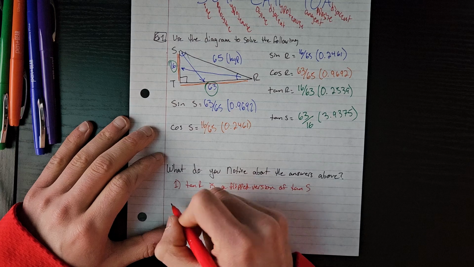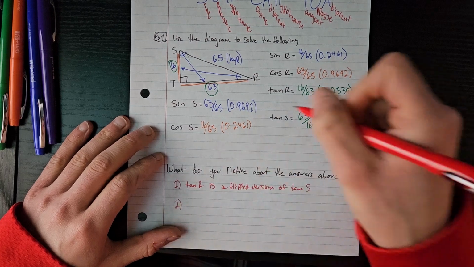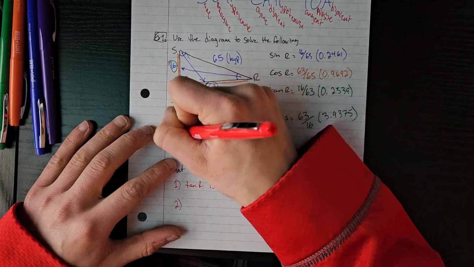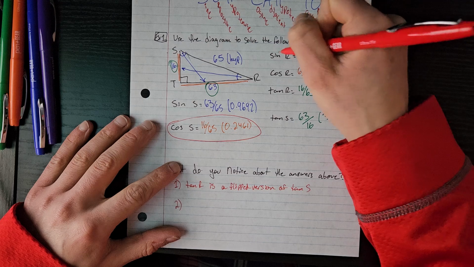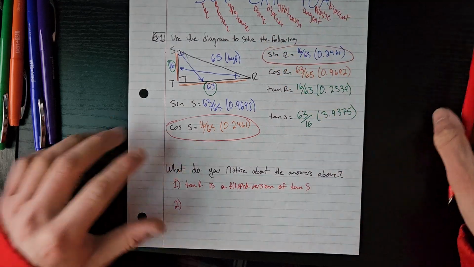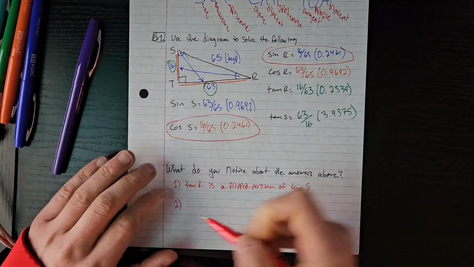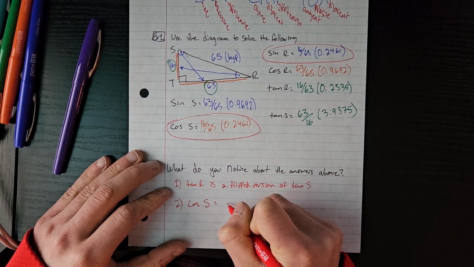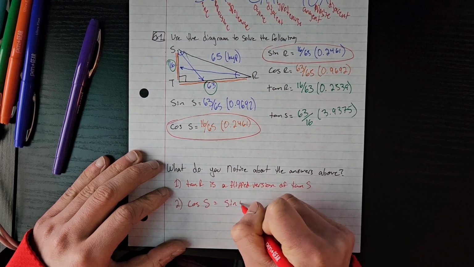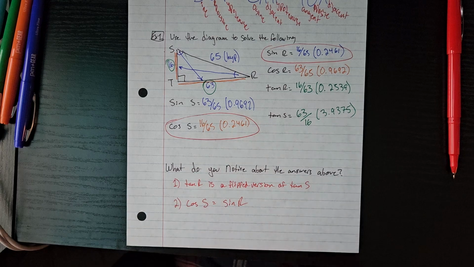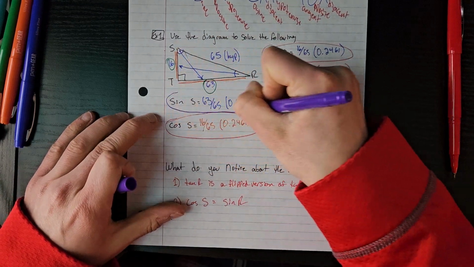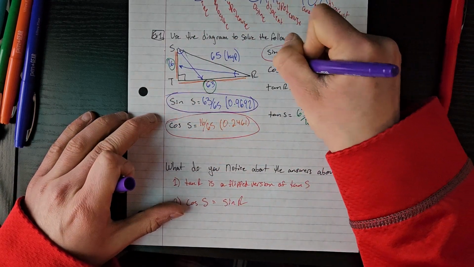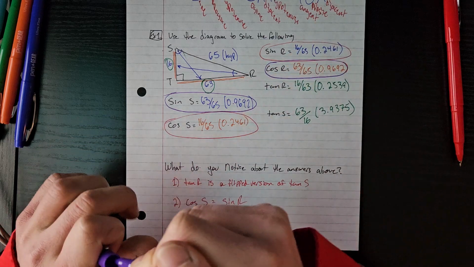Interesting. Our second thing, we can also note that the cosine of S is the same as the sine of R. We can also note that the sine of S is the same as the cosine of R.